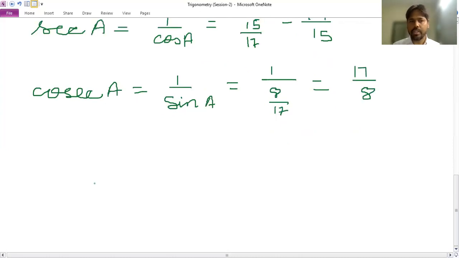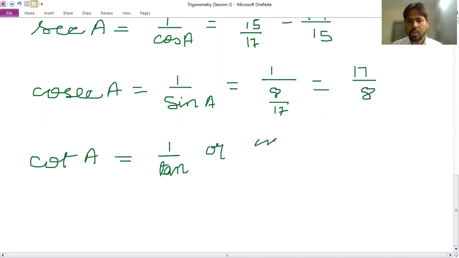And finally, we need to find the value for cot A. Cot A is nothing but the inverse of tan. We can either use the inverse of tan, or we can take the value of cos of A upon sine of A. Either of these two relationships can be used to find the cot.